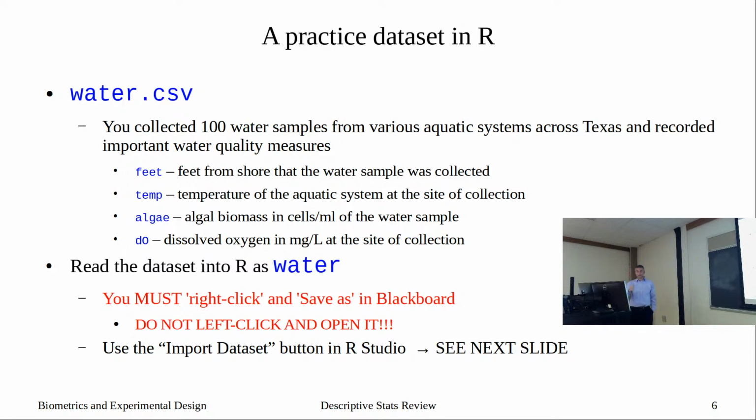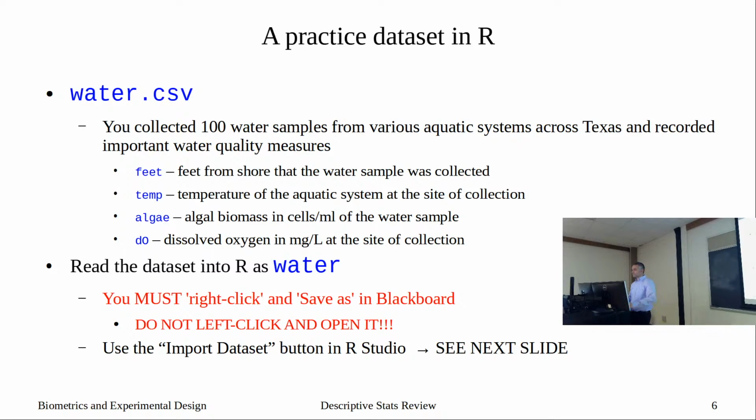So when we went out to collect, we dropped the thermometer and recorded that temperature. In that water sample, we measured the algal biomass by counting the number of cells per milliliter, a couple different ways to do that, to determine productivity of a system. And then we measured dissolved oxygen, DO. So that's lowercase d, capital O, and not 0.